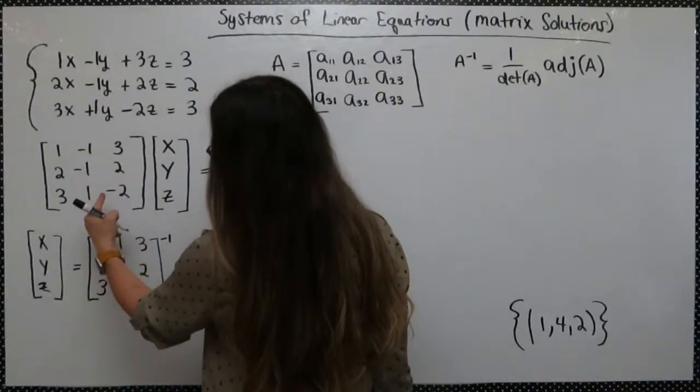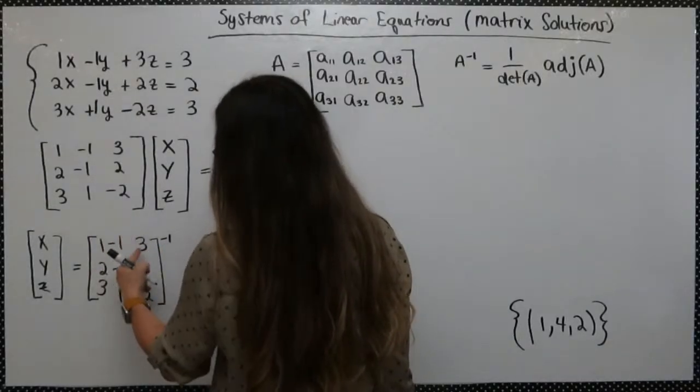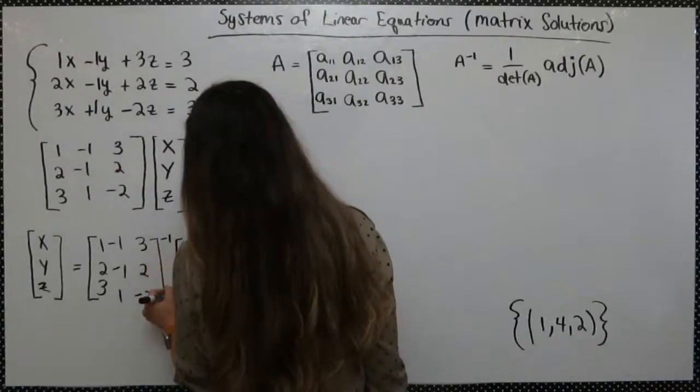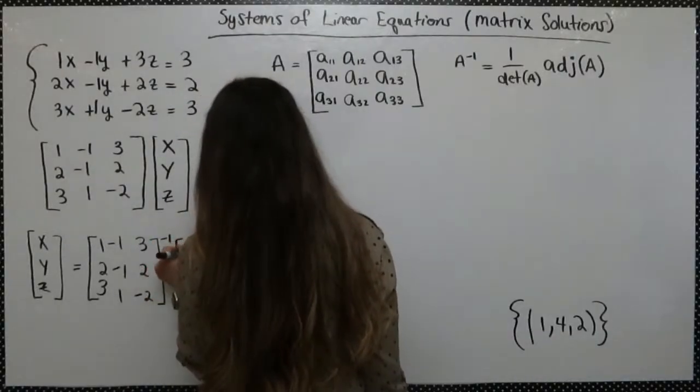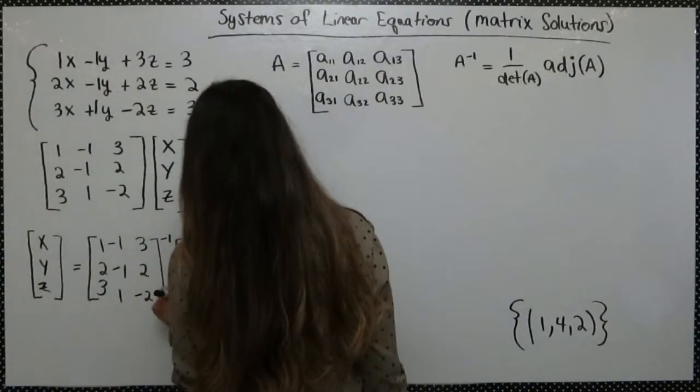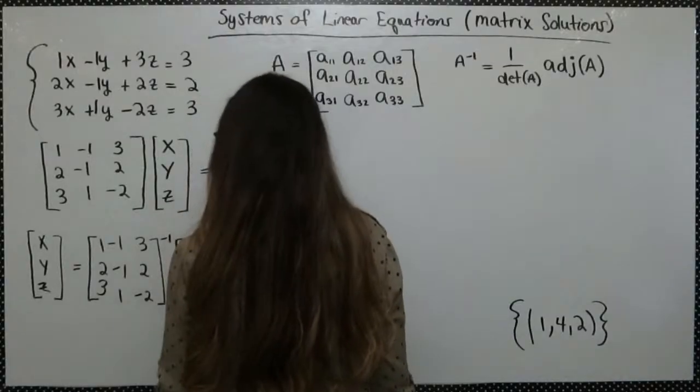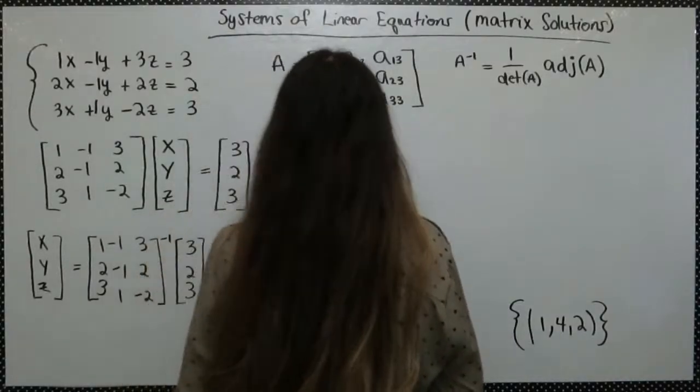So we're just saying the inverse of this matrix times your constants, 3, 2, 3.